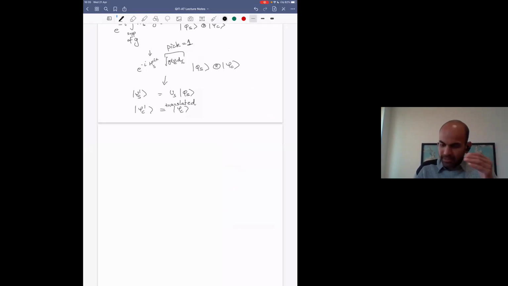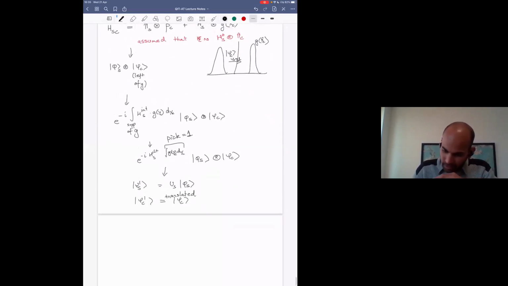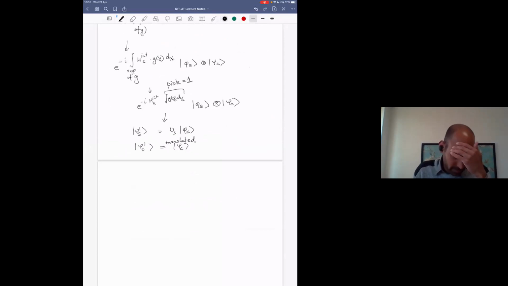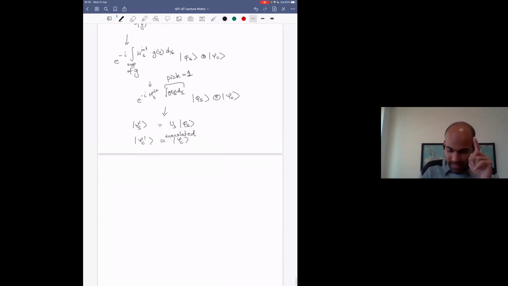All of the analysis that I've just discussed assumed that the system didn't have its own Hamiltonian, so that made it kind of easy. The only Hamiltonian being applied on the system was the interaction Hamiltonian. If we do have a Hamiltonian of the system as well, then we can potentially have a problem. So let's take H_S not equal to 0.